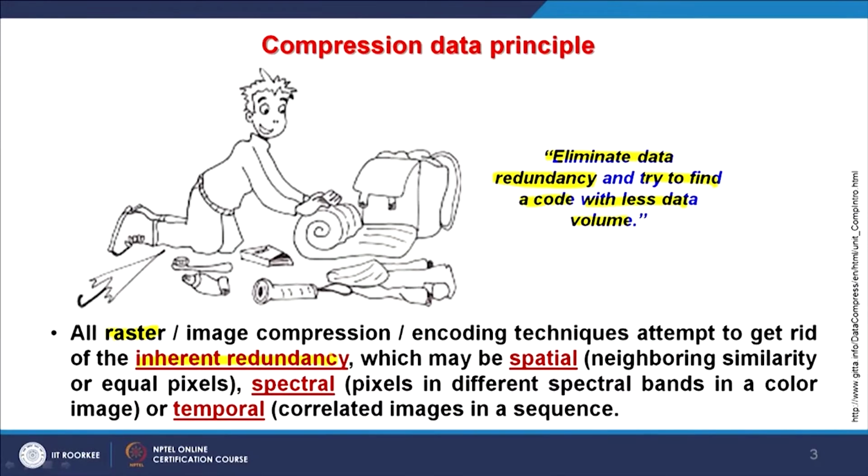Basically, similarity is searched in the neighborhood, equal pixels or cells having the same value are found, and then they are stored by giving a code, in a manner that requires less space.